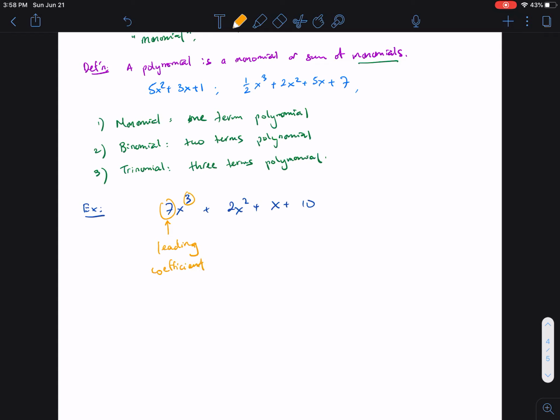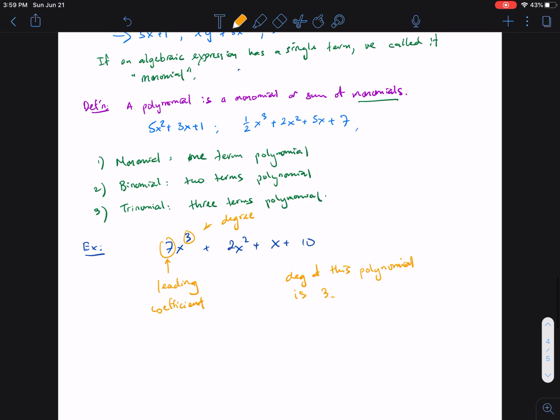And then this is the degree. So in this case, the degree of this polynomial is 3, which is the highest degree in this case. All right.